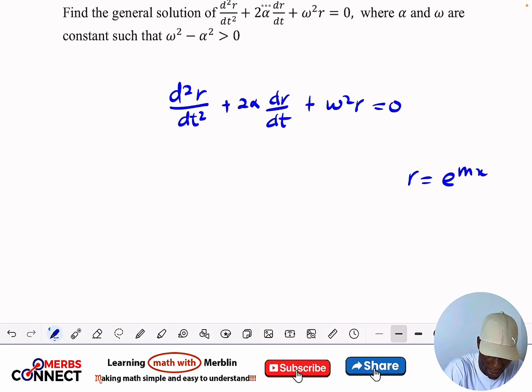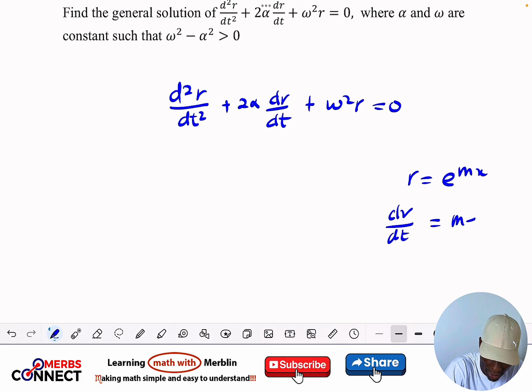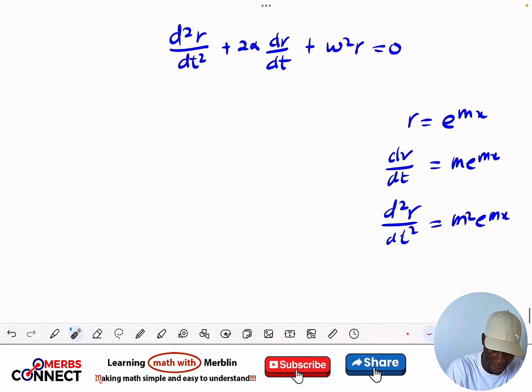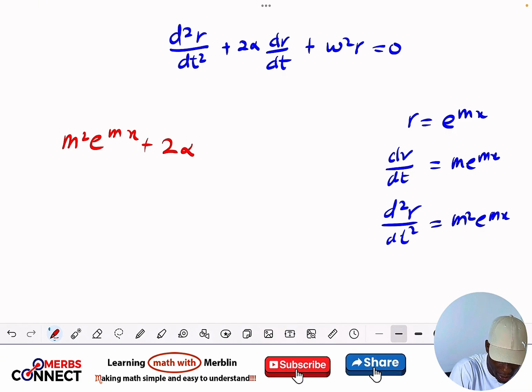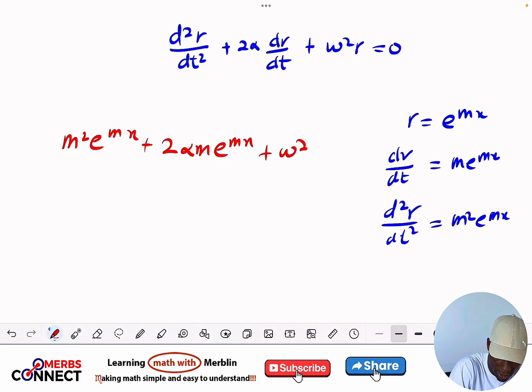So dr over dt will be equal to m e to the power mx, and then d squared r over dt squared is equal to m squared e to the power mx. So let's do substitution. This is going to be m squared e to the power mx plus 2 alpha m e to the power mx plus omega squared e to the power mx is equal to 0.